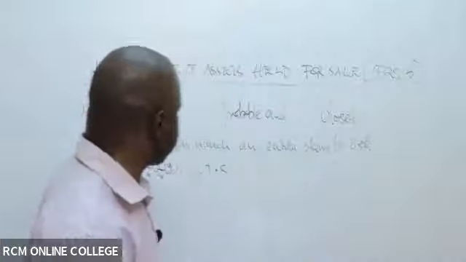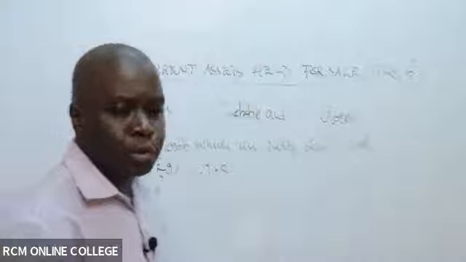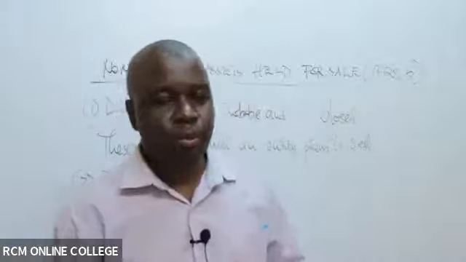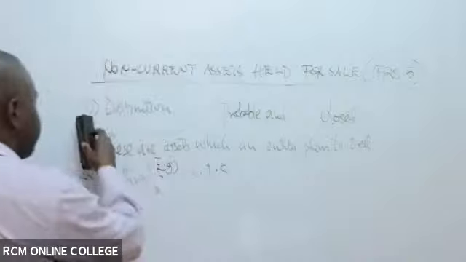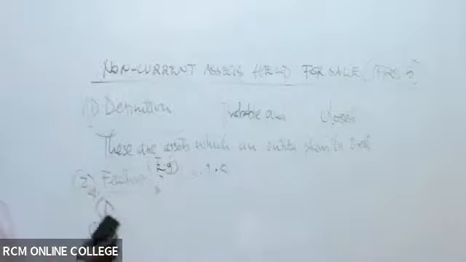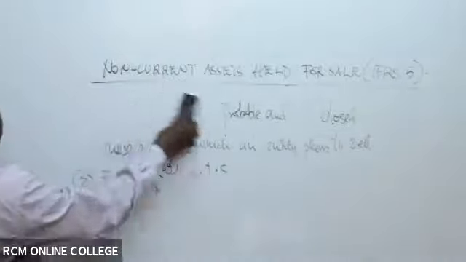So now, number 3, what is the accounting treatment? How do you deal with these assets in your books of accounts? Remember, number 1 was definition, number 2 was features. But now, how do you account for non-current assets held for sale in your books of accounts?